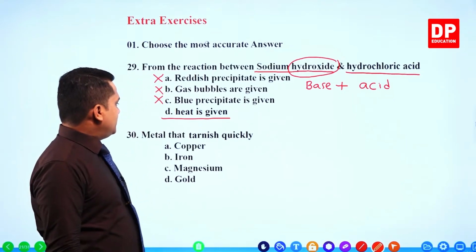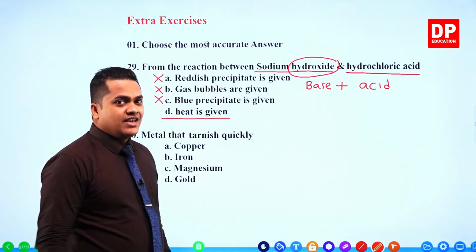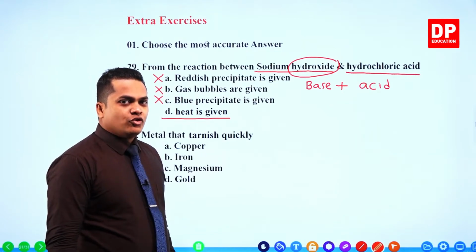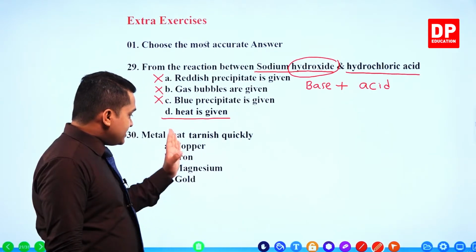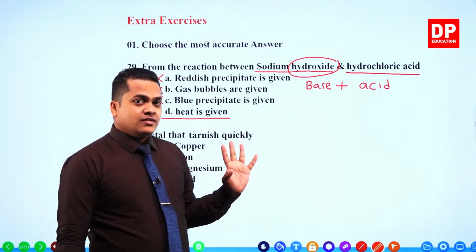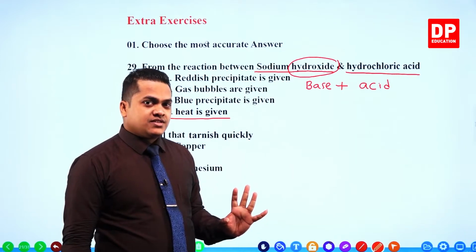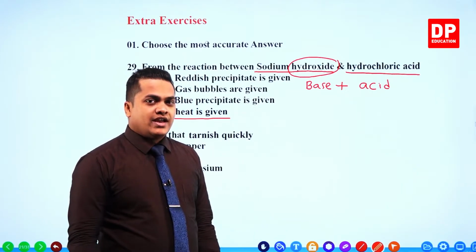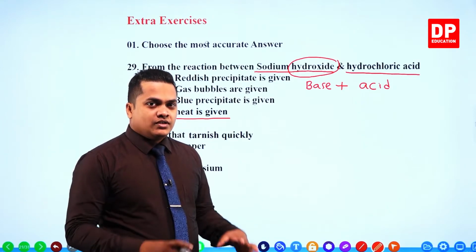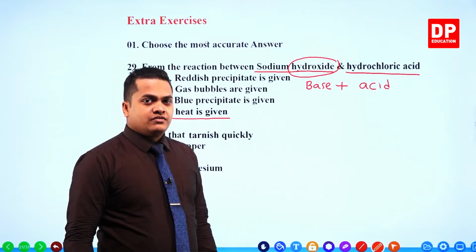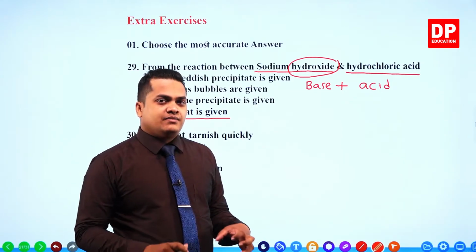Then the 30th question. See, it is the opposite of the previous one. I think you could remember the same responses are given here. I kept the same responses because if you compare the ability of these metals to combine with oxygen, I told you that in magnesium it's very high.